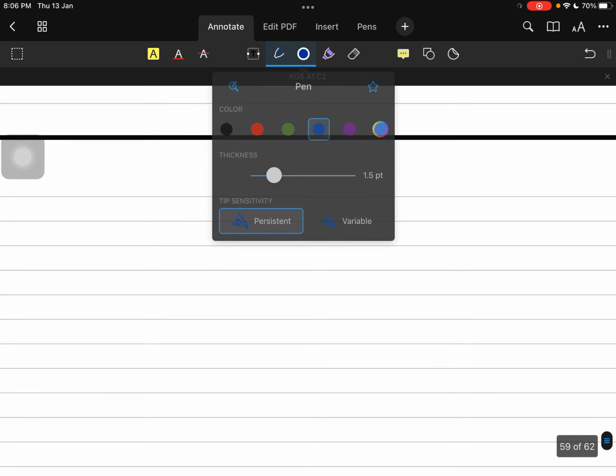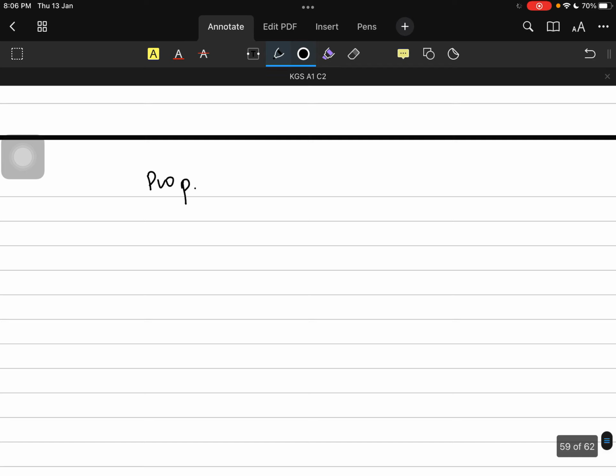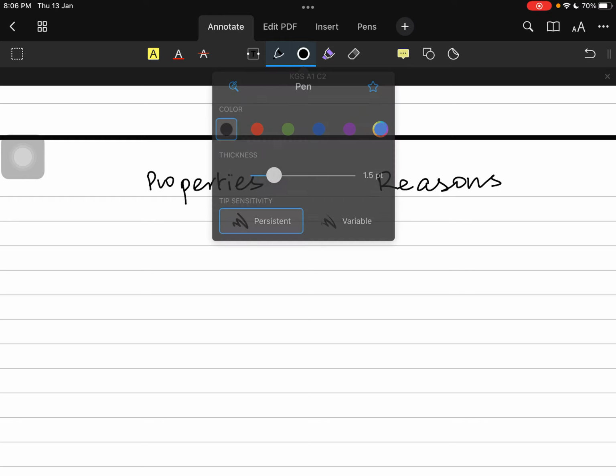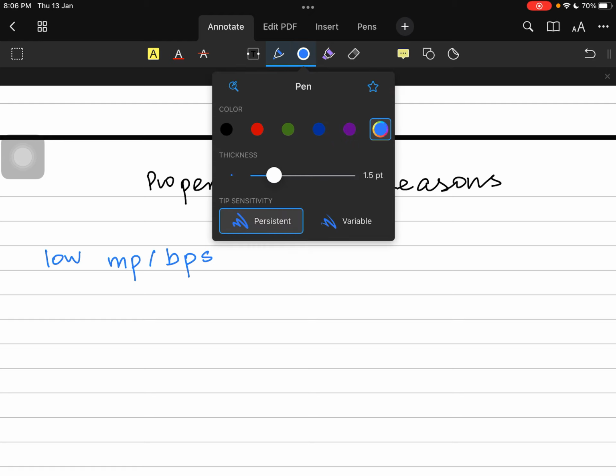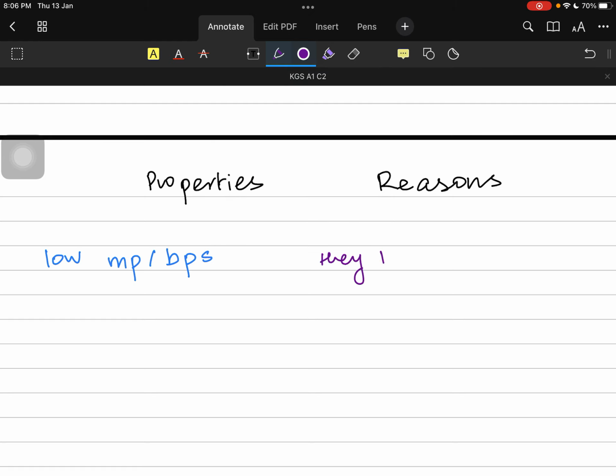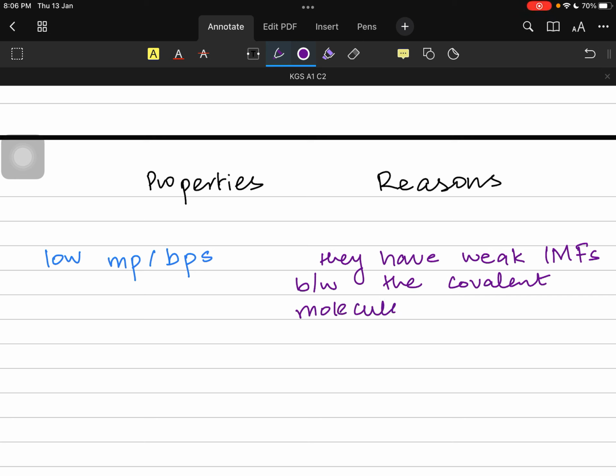So what are their properties? Let's talk about their properties and the reasons, or explanations. These molecules have low melting and boiling points. Why is that so? Because they have weak intermolecular forces between the simple covalent molecules, which can be overcome through less heat.